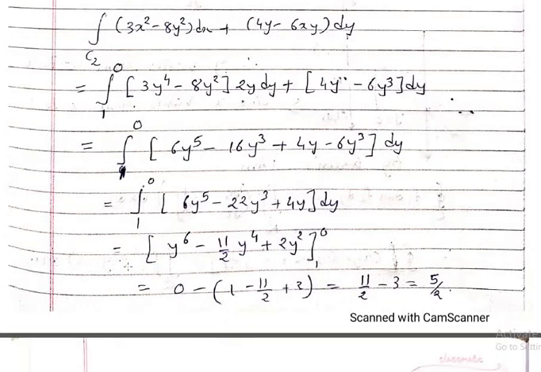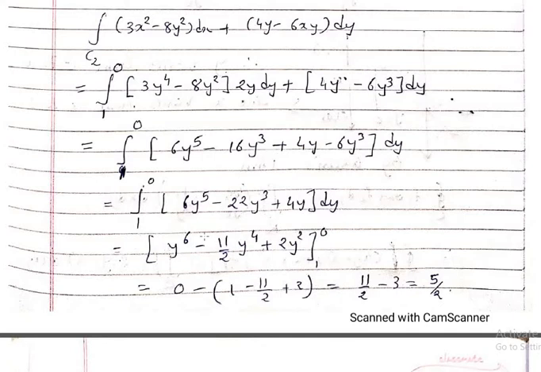That is very important. Now simplifying, that means dy common out, 2y multiplying inside, that will give you 6y raised to 5 minus 16y cube plus 4y minus 6y cube. Y cube we are going to combine, so that will give you 6y raised to 5 minus 22y cube plus 4y into dy.